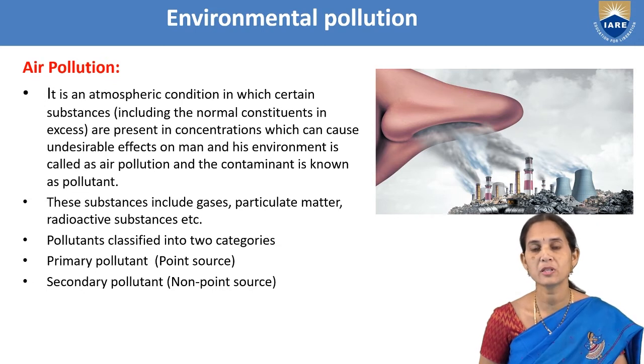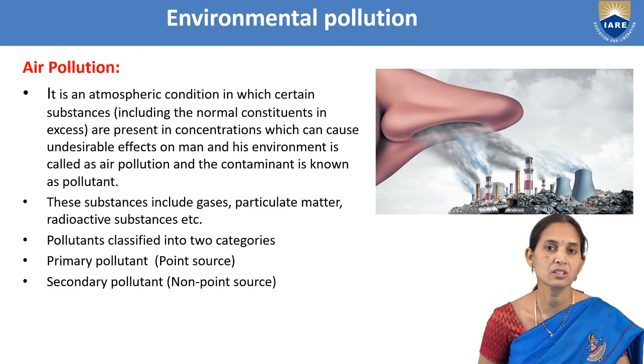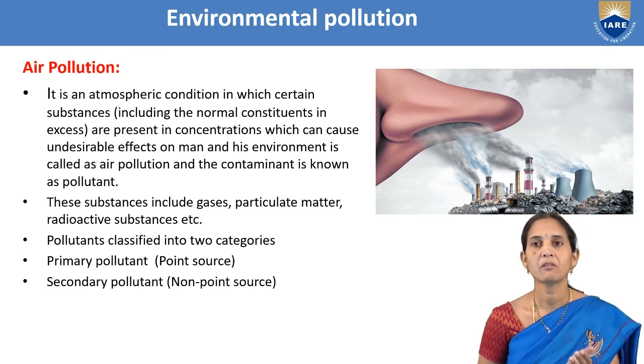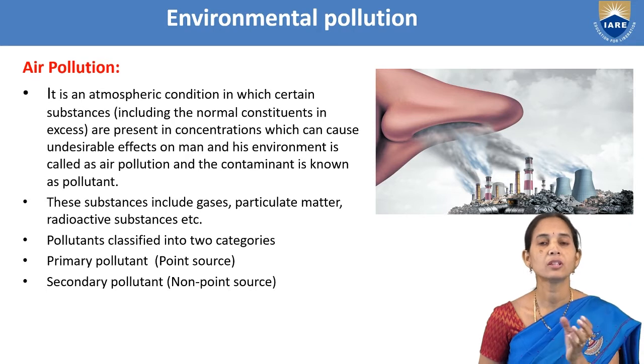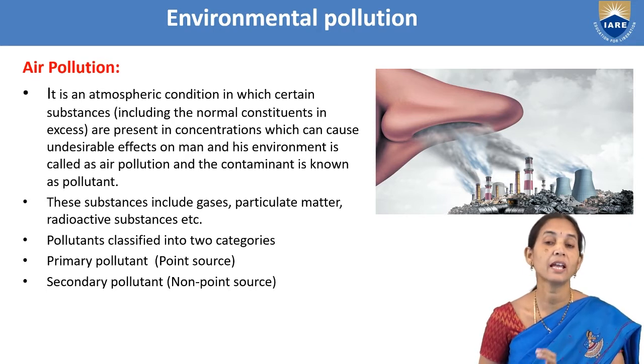Oxygen, nitrogen. These gases are present in the air. When undesirable substances or gases are present in the air and combine with the oxygen or nitrogen, then the air is polluted.